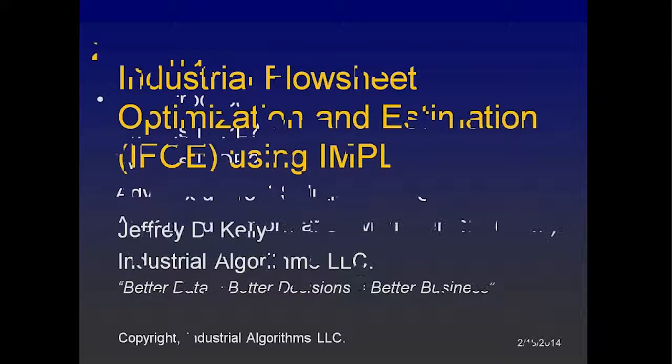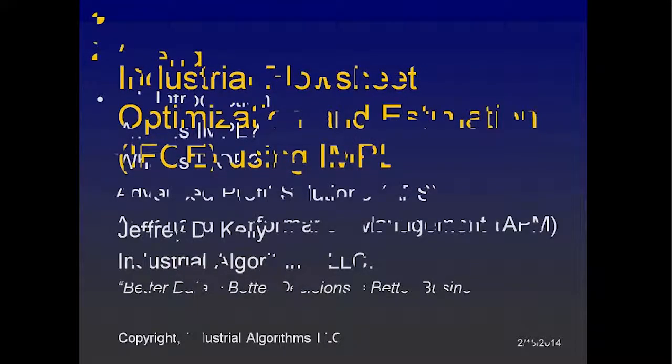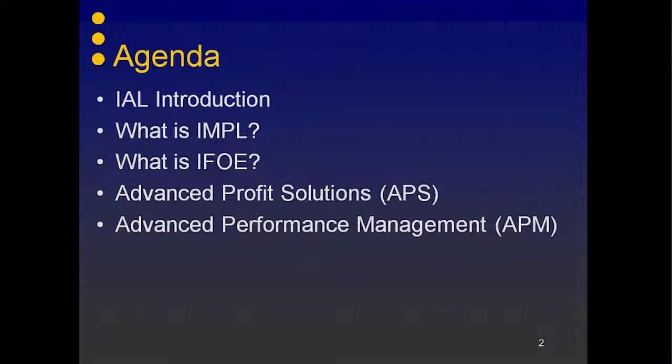So I'll talk a little bit about the agenda, just in terms of what we're going to talk about. There's about 36 slides, so I'll go through a little bit quickly to make sure that we have some time at the end for questions. We'll talk a little bit about what Industrial Algorithms is all about, but very quickly. We have a product called Industrial Modeling and Programming Language, which we'll describe. Then, of course, how we apply that to industrial flow sheet optimization and estimation problems.